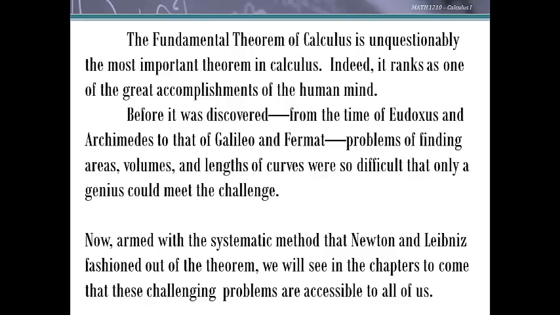Now, armed with the systematic method that Newton and Leibniz fashioned out of the theorem, we will see in the chapters to come, so that's essentially in Calculus 2 and beyond, because your book essentially covers Calculus 1, 2, and 3, that these challenging problems are accessible to all of us.